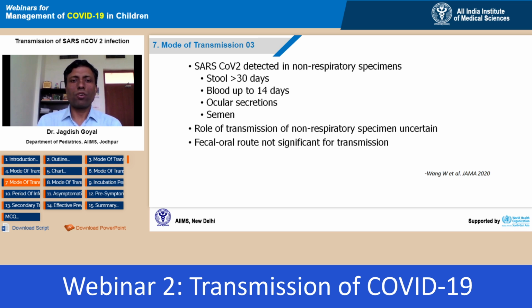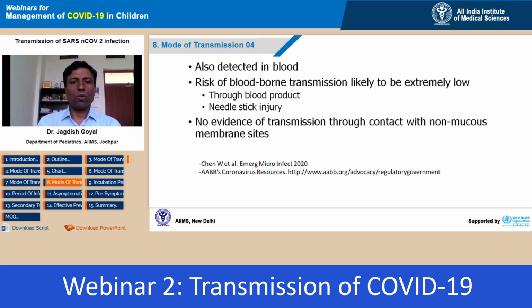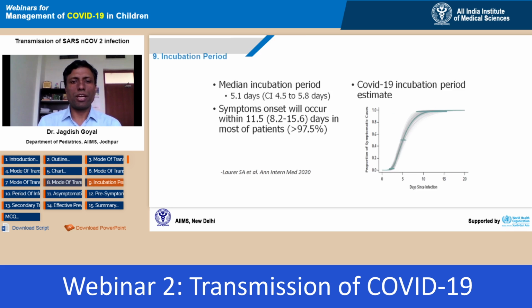The role of transmission from non-respiratory specimens remains uncertain. The fecal-oral route is not significant for transmission. The virus is also detected in blood. The risk of blood-borne transmission is likely to be extremely low through blood products and needle stick injury. There is no evidence of transmission through contact with mucous membrane sites.